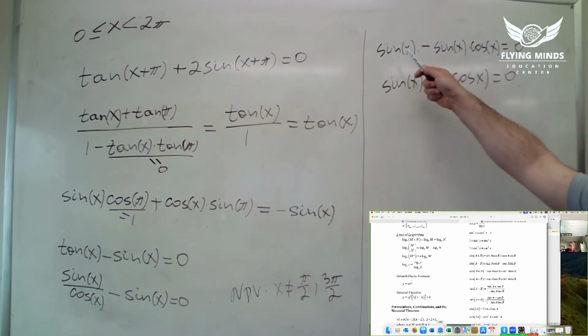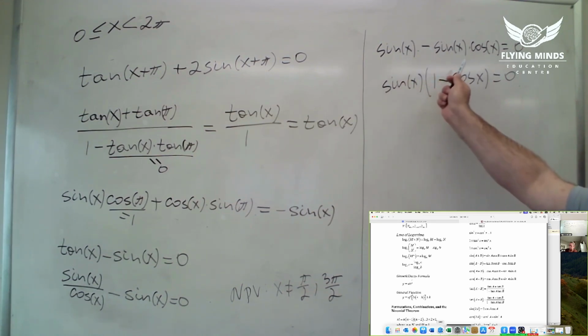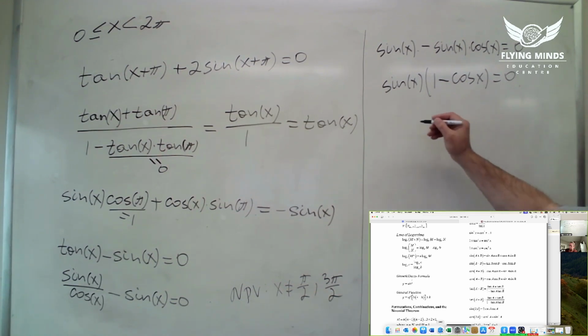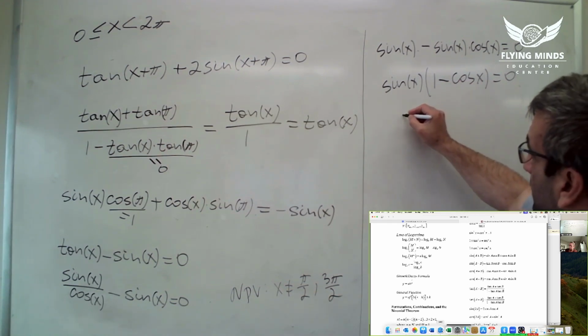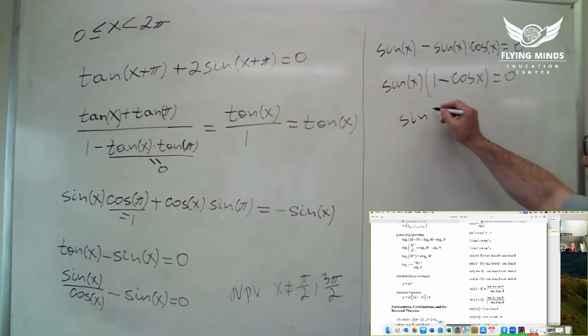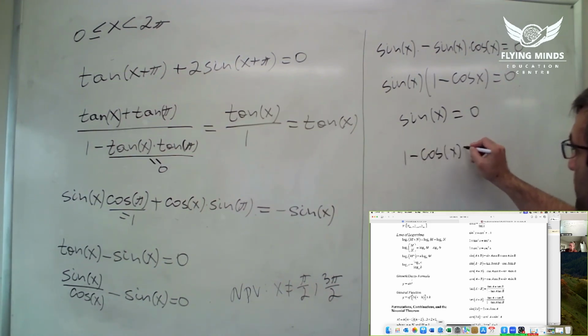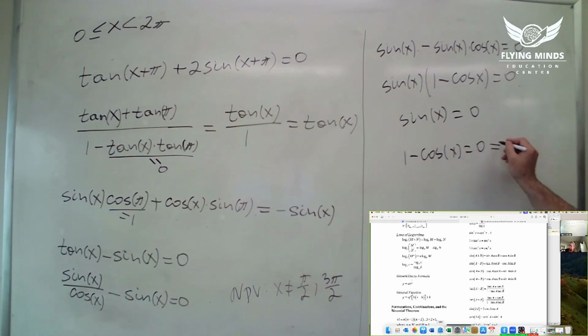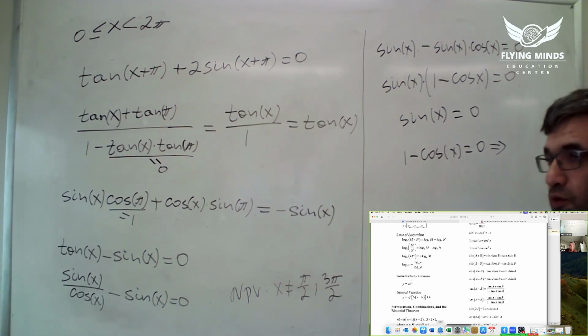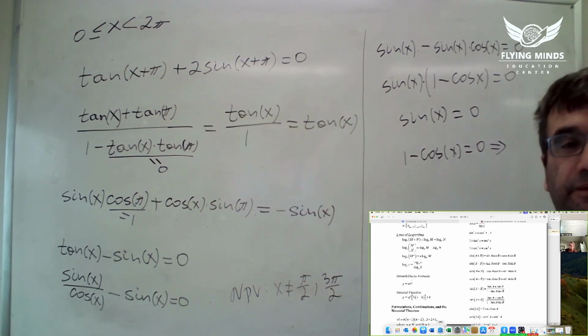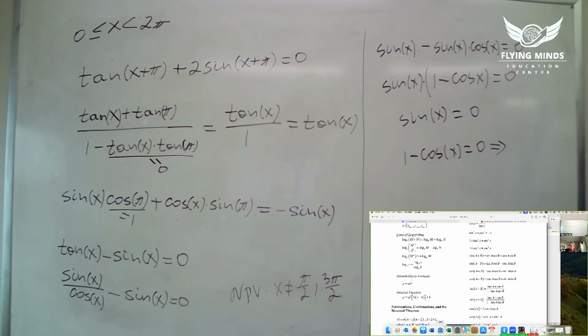Now we have a product, and a product of two numbers equals 0 when one of these numbers equals 0. So sine of x equals 0, or 1 minus cos x equals 0.